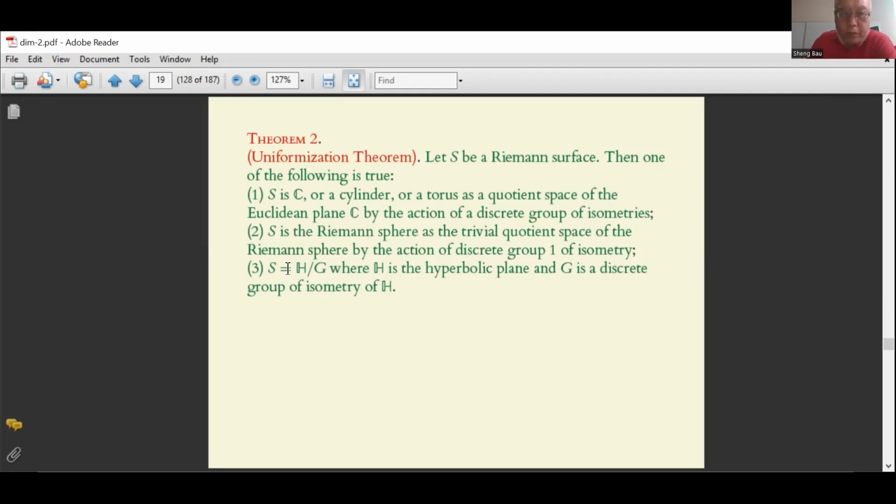And this quotient space is equal to the Riemann surface. Here we have infinitely many examples. So every Riemann surface is one of these three major categorical types, but there are subtypes. For example, in the first case, there are many as well.